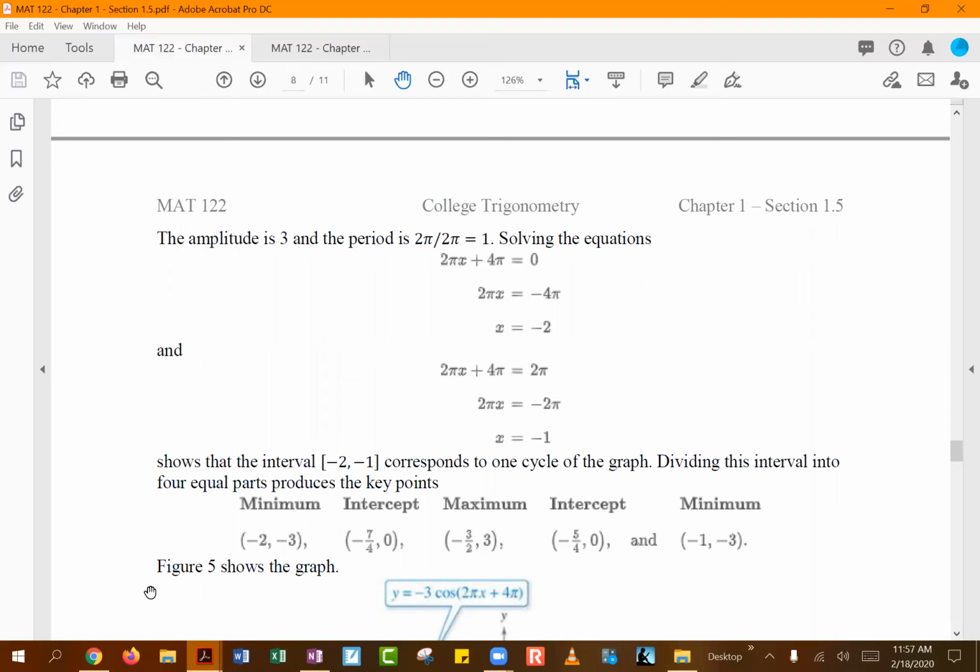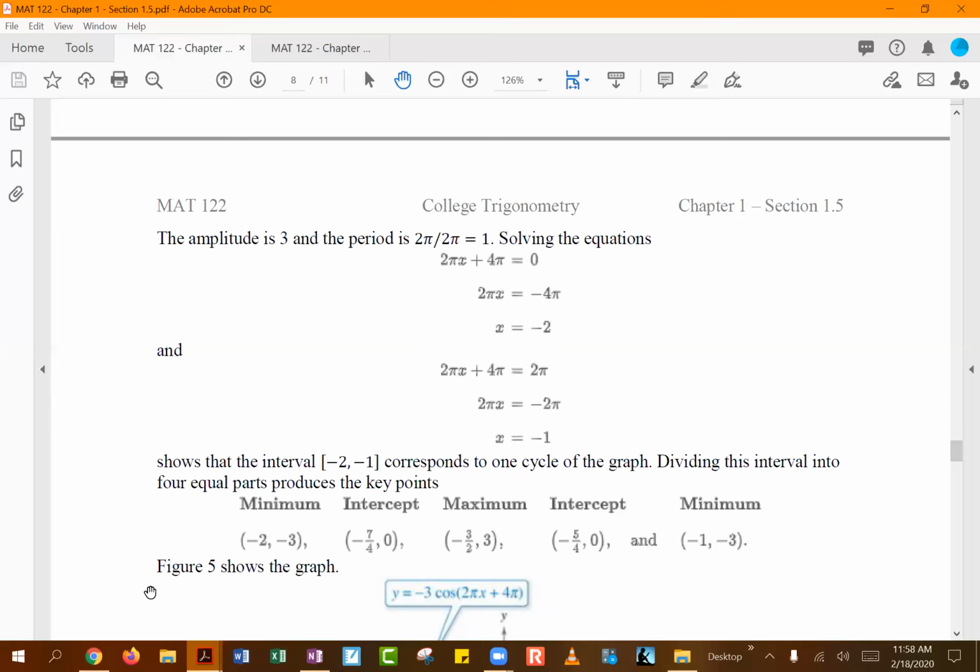Remember, it's still 1, because the difference between the 2 points is still 1. So going from -2 to -1, subtract those two values, divide it into 4 equal parts, and then come up with your ordered pairs for the 5 key points.